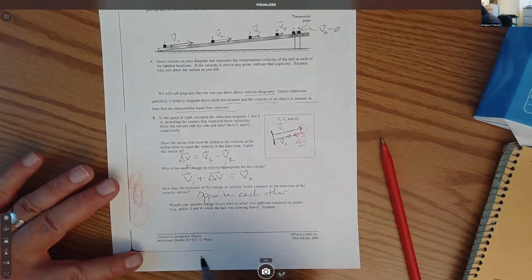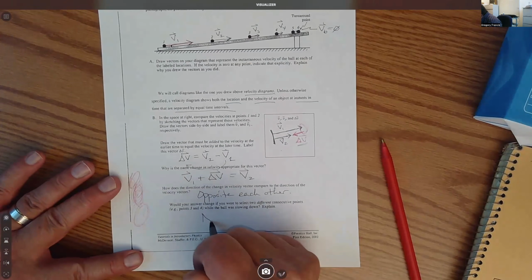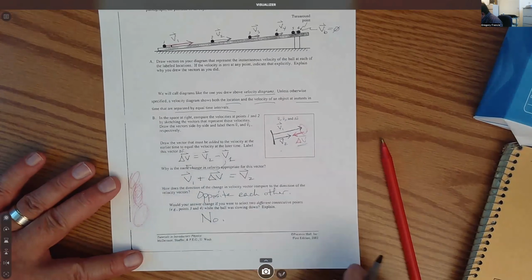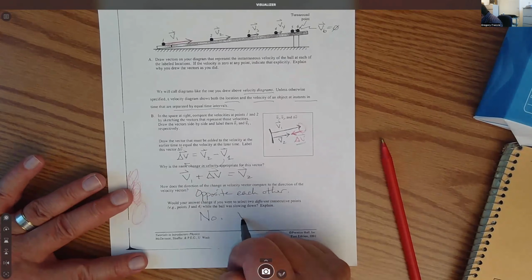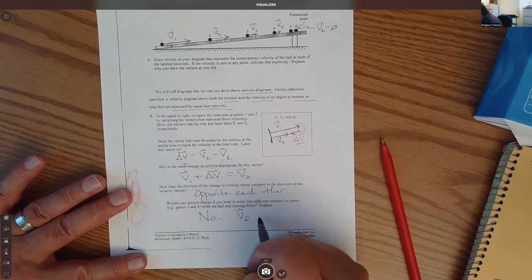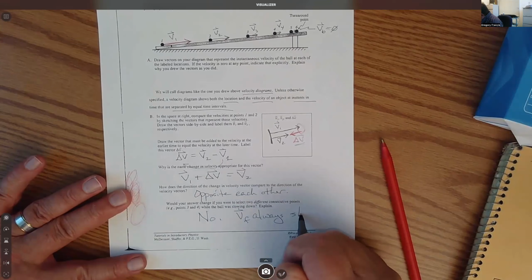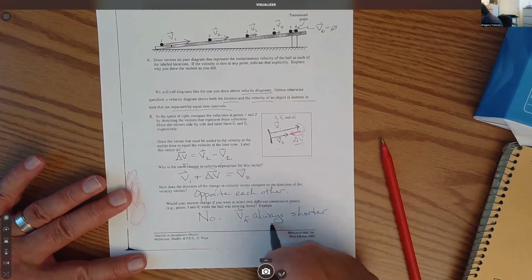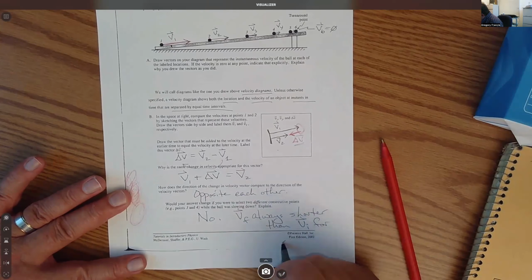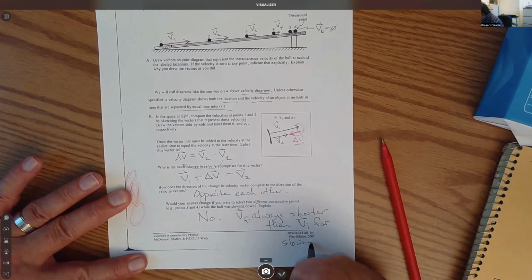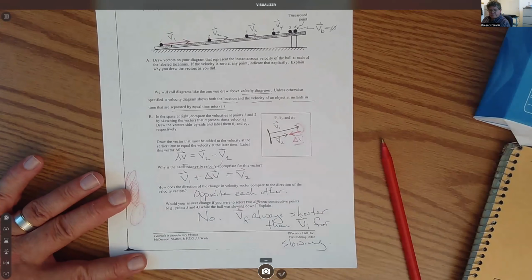So the answer is no. And the explanation is just v final is always shorter than v initial for slowing.